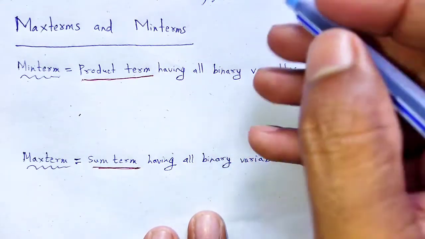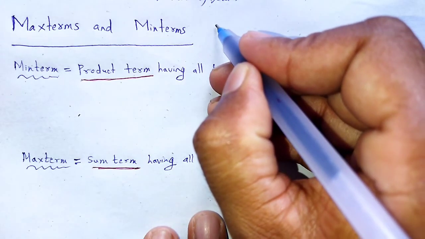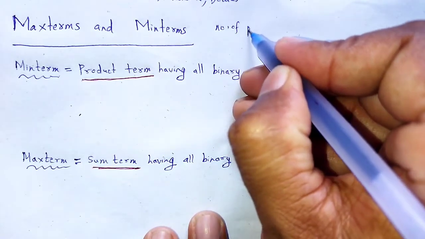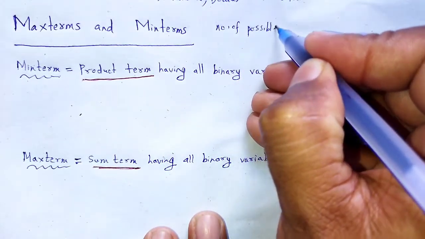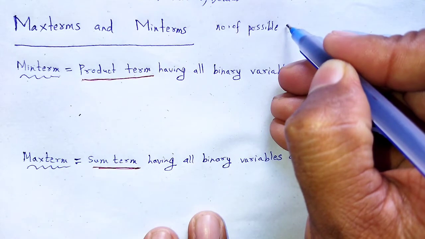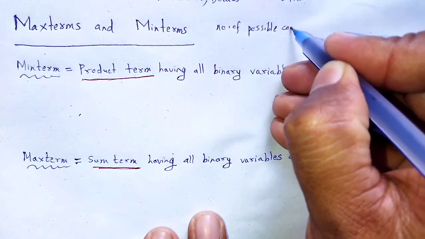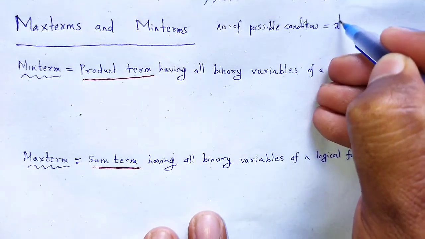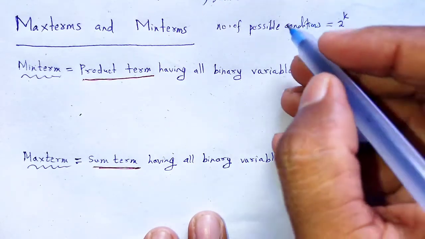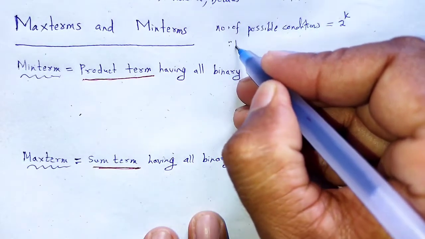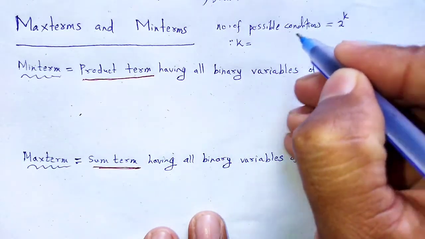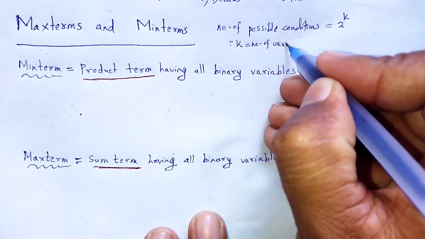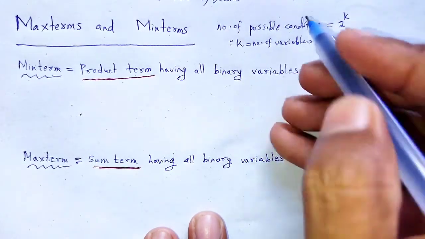That can be decided by a formula: number of possible conditions is equal to 2 to the power k, where k is the number of variables.